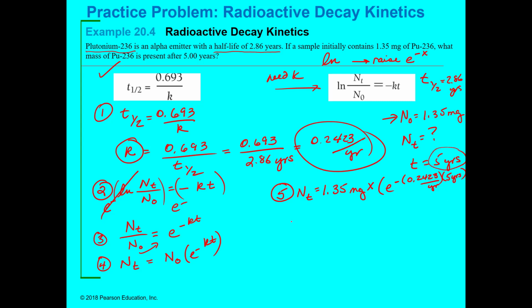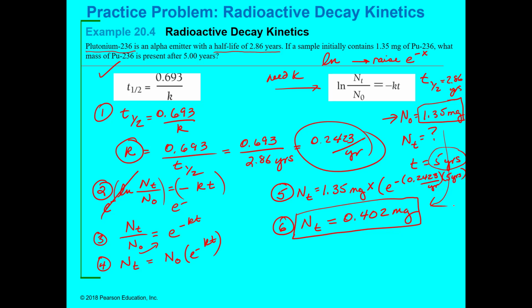All right, and so when you put this in your calculator, make sure that you do your e and raise it to that, and make sure you get your parentheses right. Okay, and you should end up with 0.402 milligrams after 5 years. So you started with 1.35, and after 5 years you're going to degrade to 0.402 milligrams.